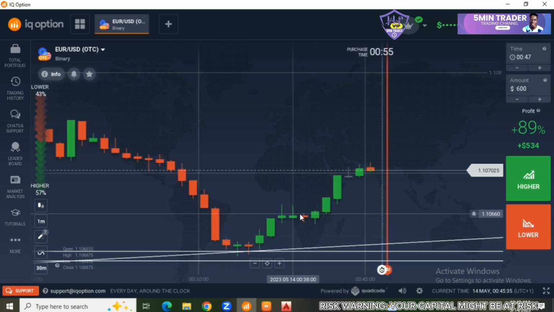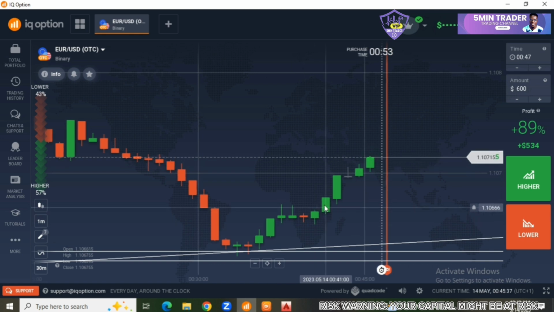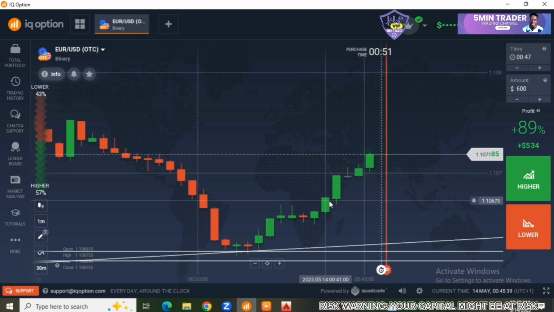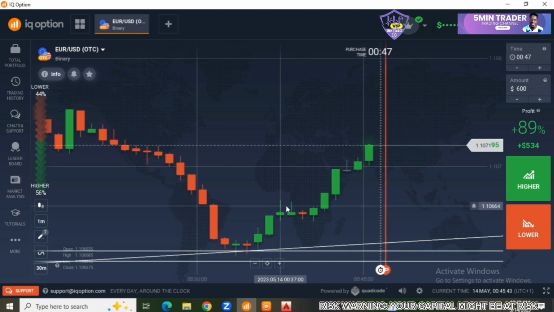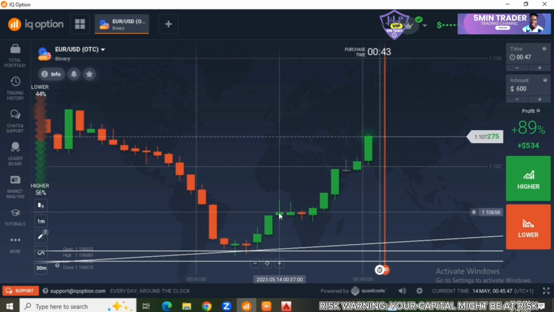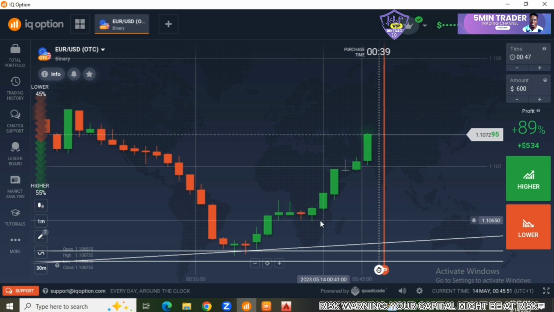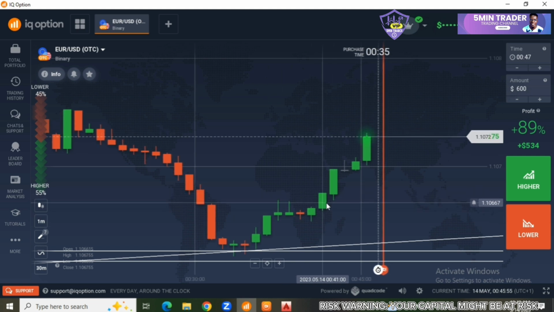But I'm thankful that at the end the buyers stepped in with this candle and we ended up winning this trade. If I had placed my trade on this candle, I would have easily won this trade without worrying about anything. But though I took the trade on this candle and the market was quite slow, somehow we won this trade on the last candle of the trade.